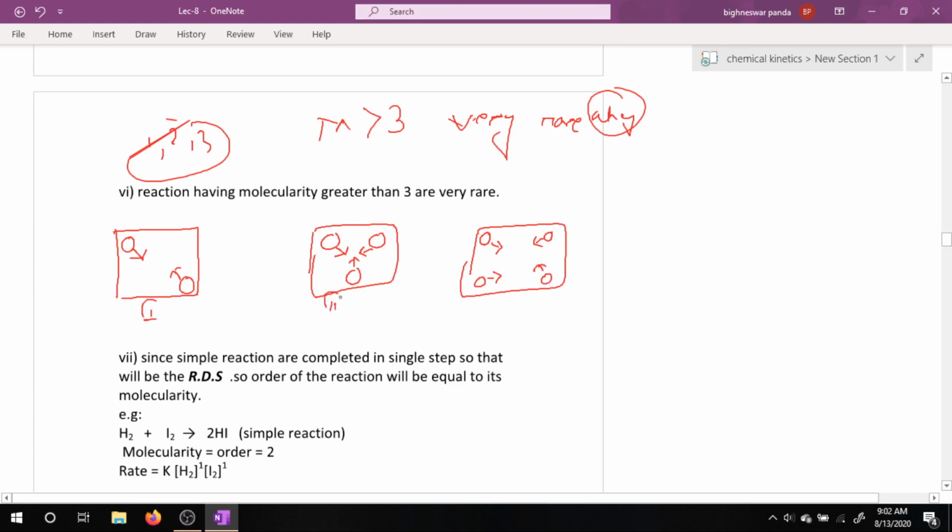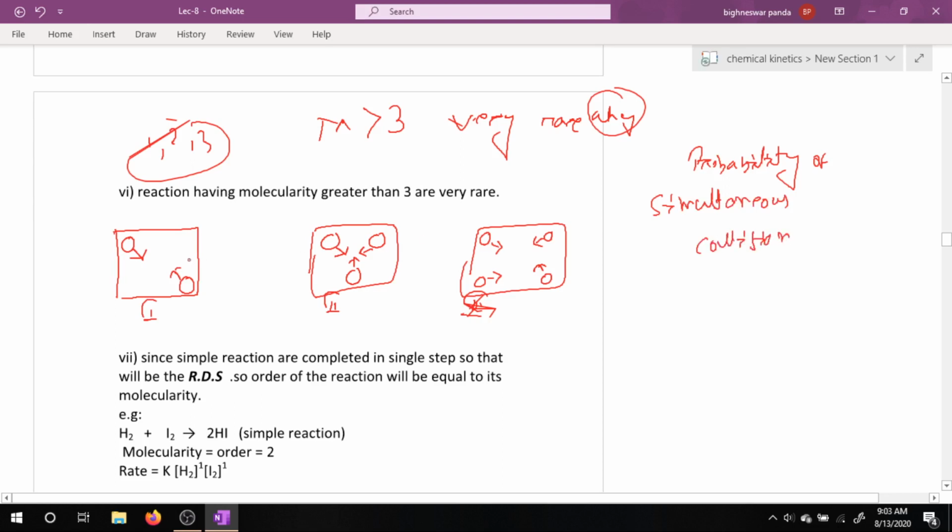In which beaker is the probability of simultaneous collision higher?